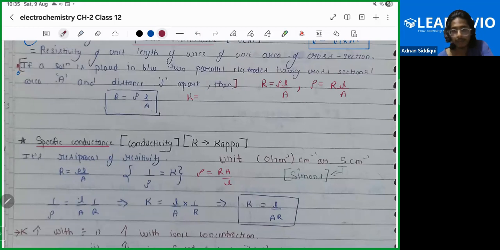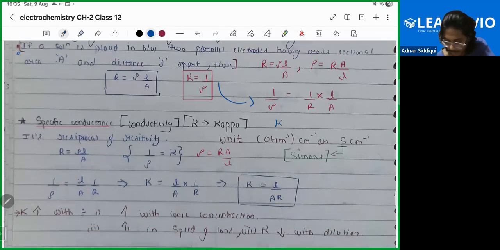Conductance is basically K, kappa, which shows conductivity, and it is nothing but the reciprocal of your resistivity. So if you are doing 1 upon resistivity, you have to reciprocate the entire expression as well. So it is 1 upon R into L by A. And this is kappa. So you are basically writing it as kappa equals L by A into 1 by R.